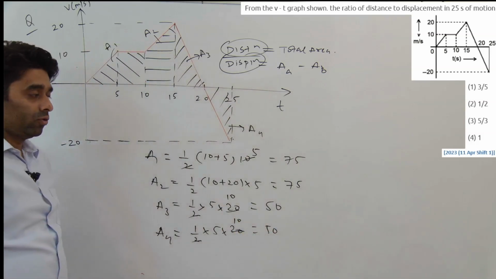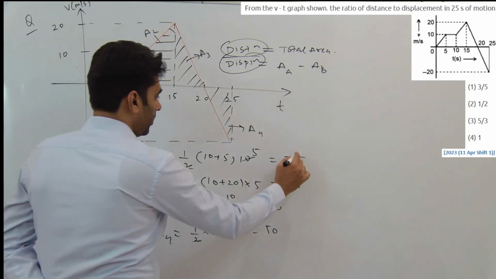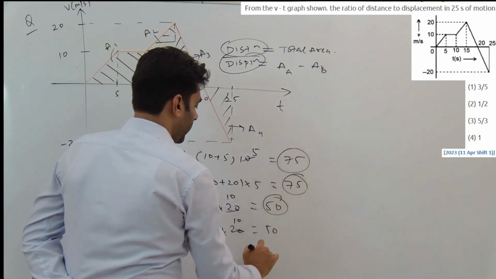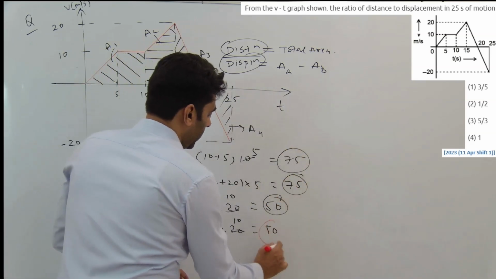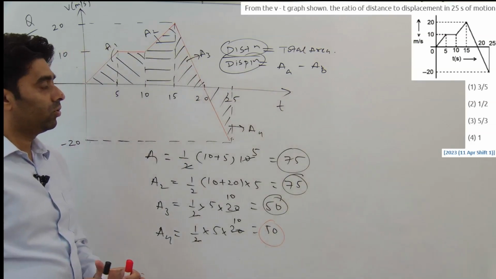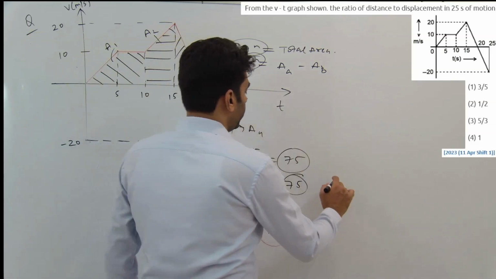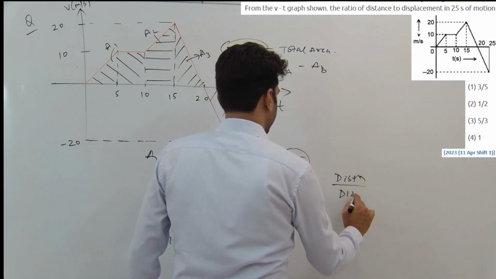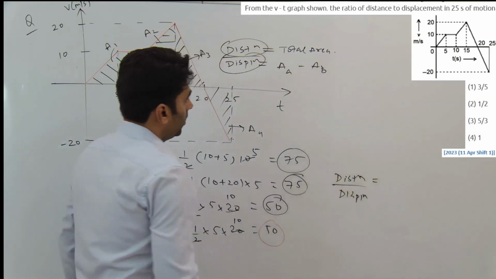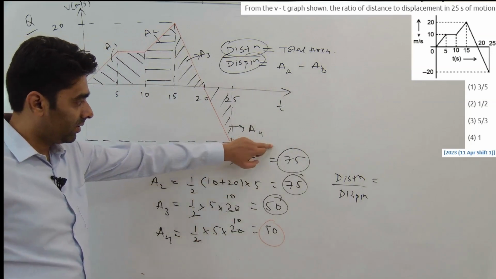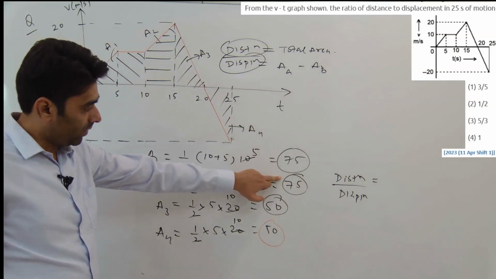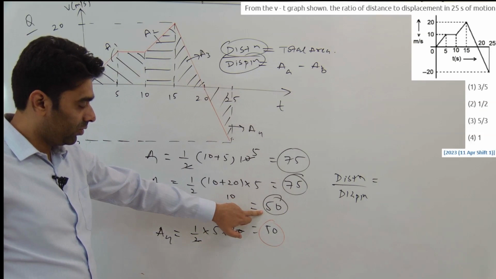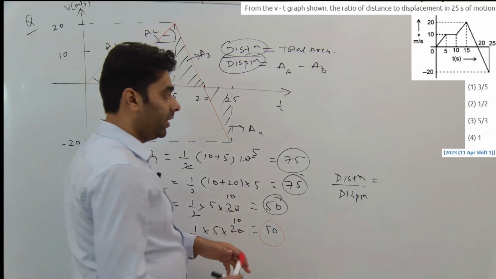Okay, beta. So these are all the areas above, and this one is the area below, right? So total distance by displacement: total area will be 75 plus 75, 150, 150 plus 50, 200, 200 plus 50, 250.